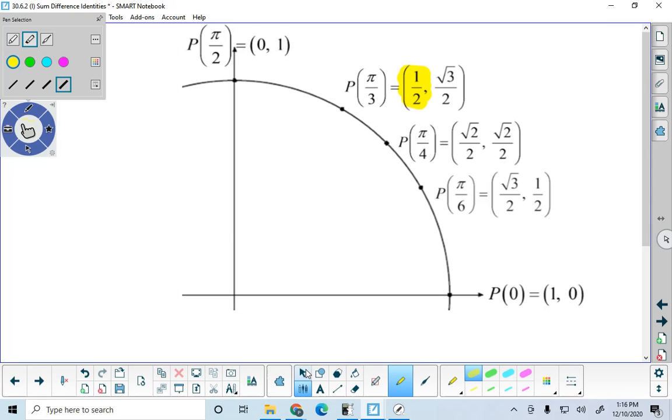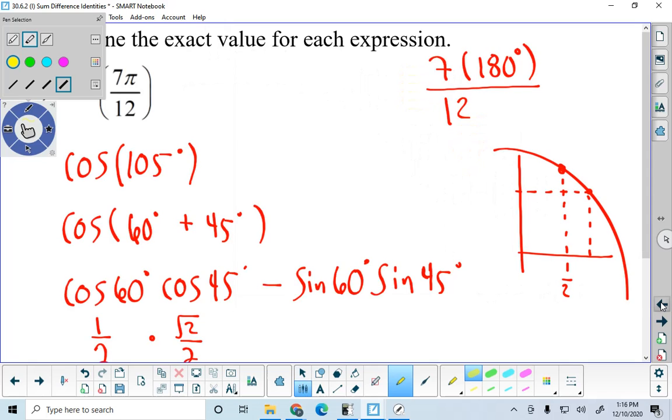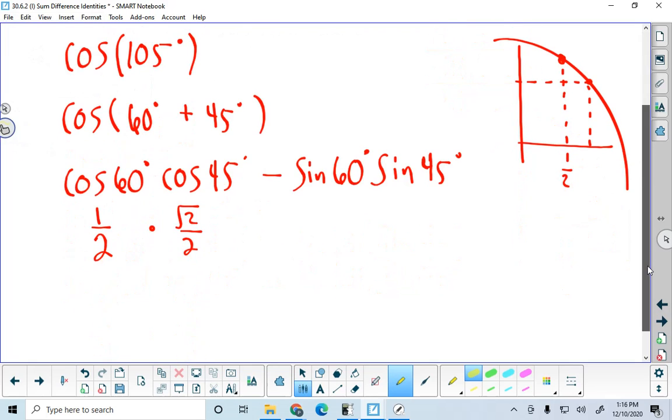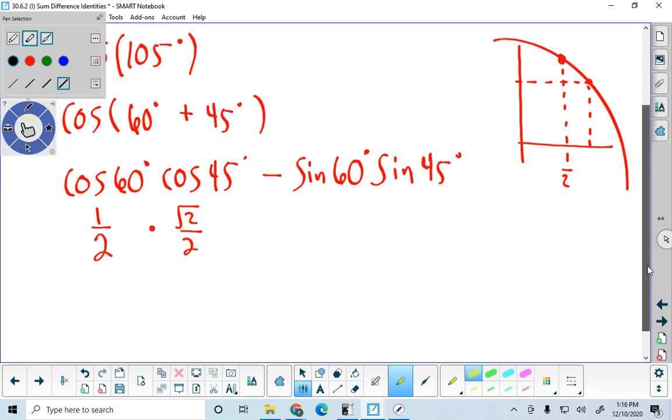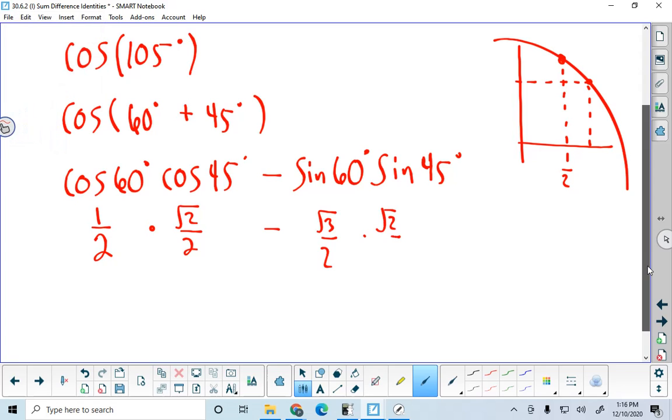At 45, the cosine of 45 is root 2 over 2. Then we have minus, and we're going to do the same thing with sine. Minus the sine of 60 is root 3 over 2, and the sine of 45 is root 2 over 2.